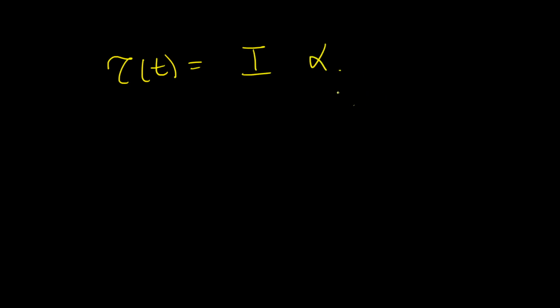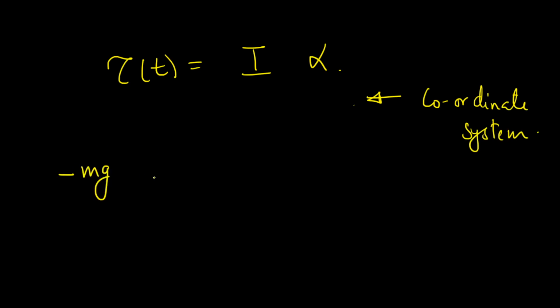Now I'm going to use this equation, so I'm going to use the coordinate system. After using the coordinate system I use my sign convention, and the torque turns out to be negative because the forces are known. So mg sine theta, and then I is of course ml square, and then alpha, which is the unknown.